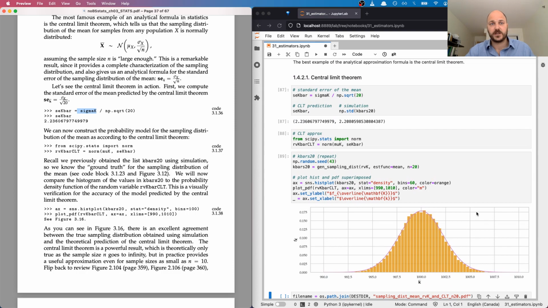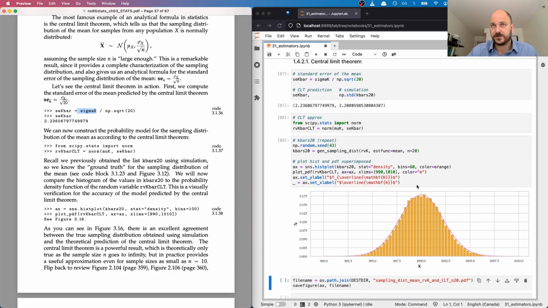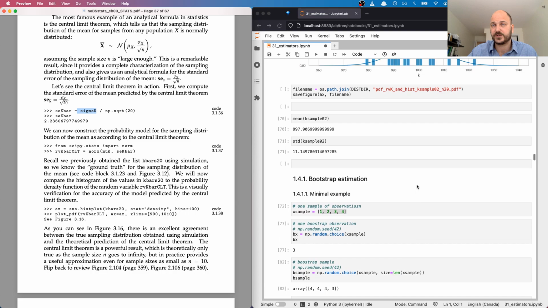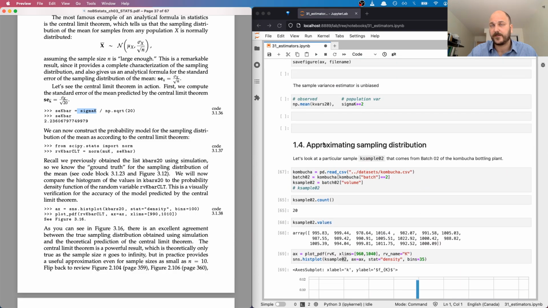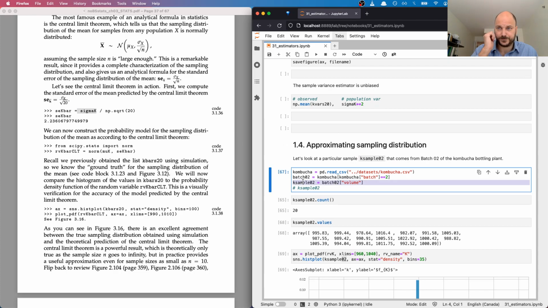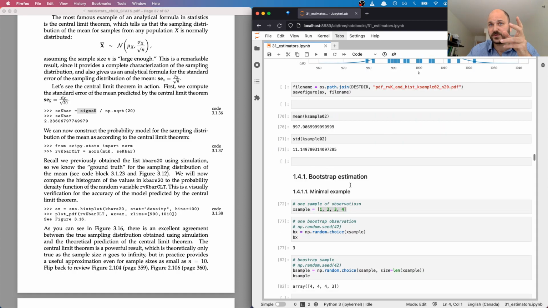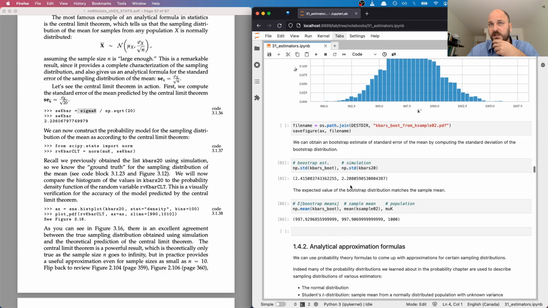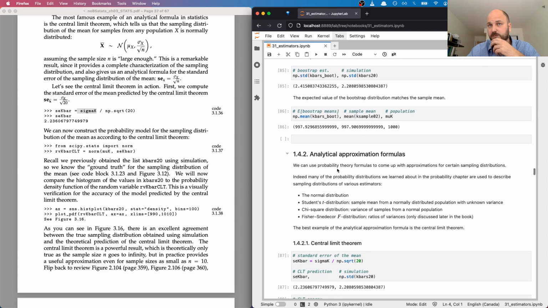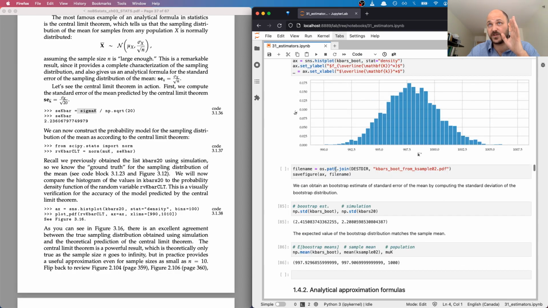Okay, so I'm gonna pause here, just to review what's going on. We only know the data from one sample. So how can we estimate the sampling distribution just based on the data? There are two ways. One is a computational approach, the bootstrap, and the second one is a mathematical approach using analytical approximations. The bootstrap is general purpose.